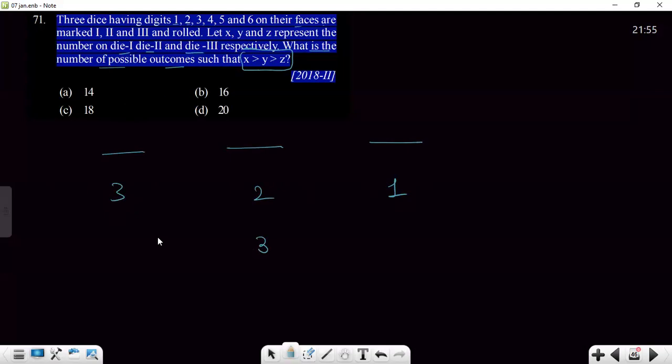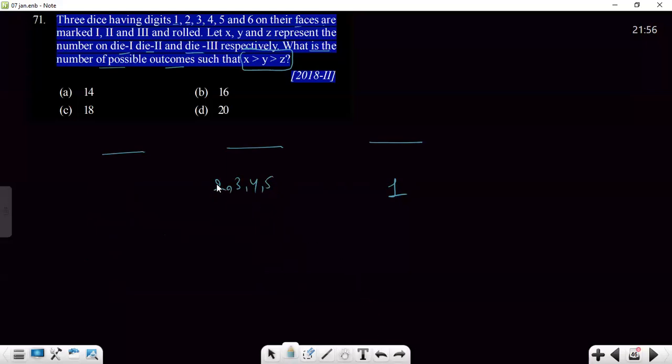There can also be 3 here, and also 4 here, 5 here. Let me write in some other manner. With 1 here, how many numbers can be here? 2, 3, 4, 5, and not 6.